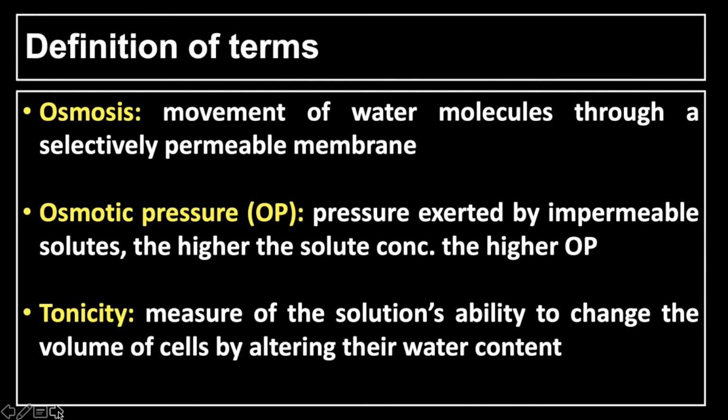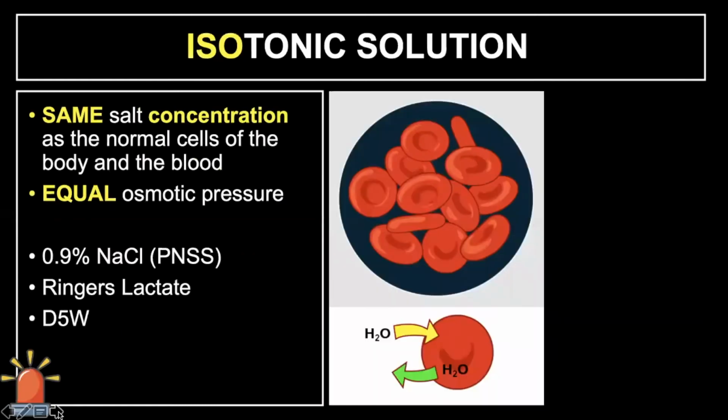Next would be tonicity. It is the measure of the solution's ability to change the volume of cells by altering their water content. So we have discussed that we have three types of solution. We have an isotonic solution, a hypotonic solution, and a hypertonic solution.